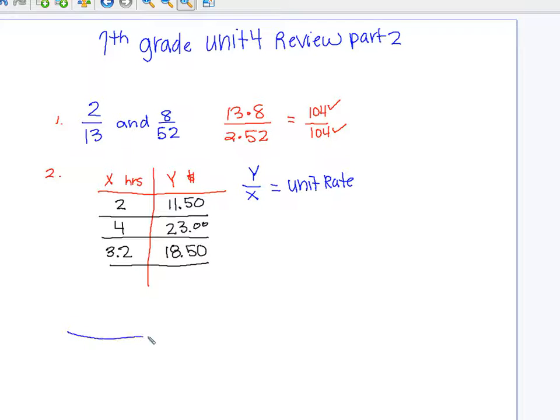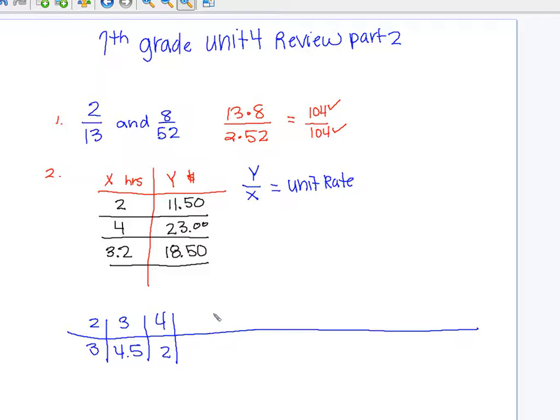They're going to get one that looks like this. 2 and 3. 3 and 4.5. 4 and 6. 5 and C. D and 27.